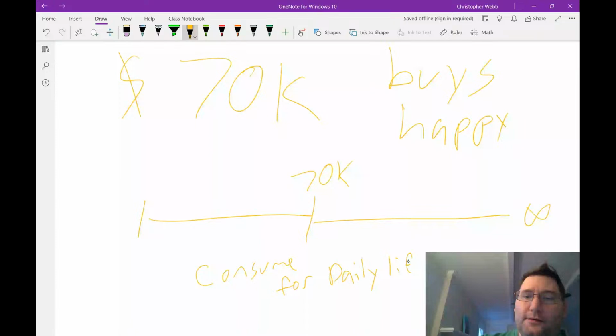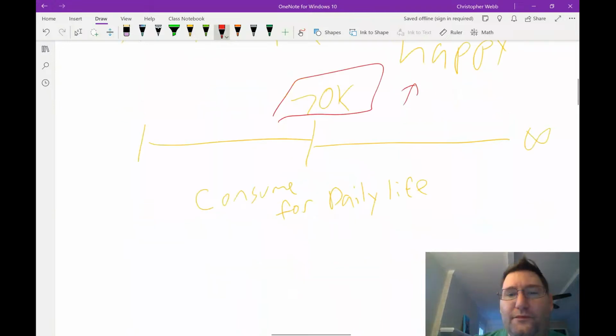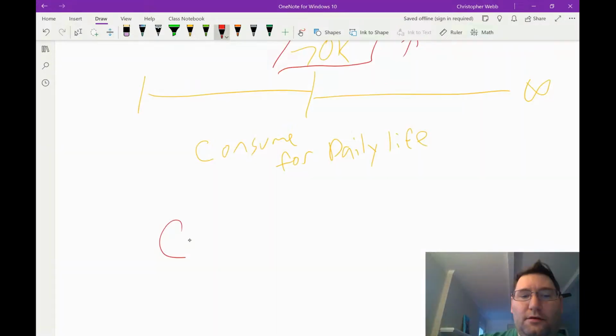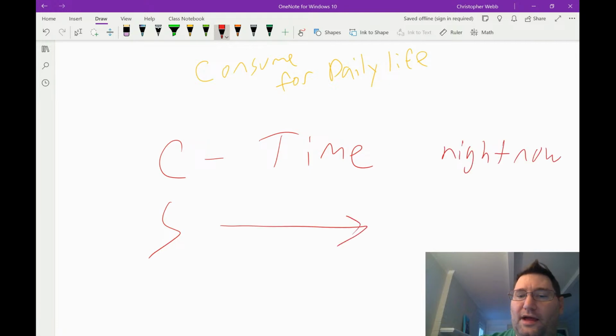Now, this was a couple of years ago. Maybe it's moved since then. But the thing about consumption and savings is we have different time preferences. So consumption is right now, whereas savings is at some point in the future.